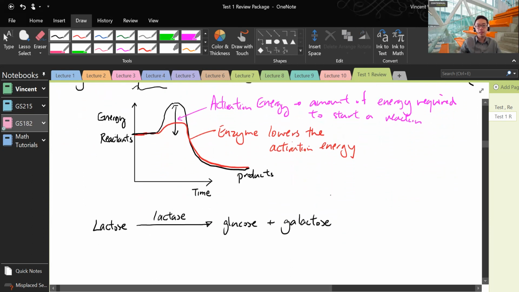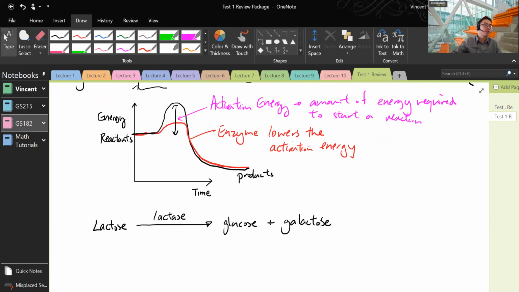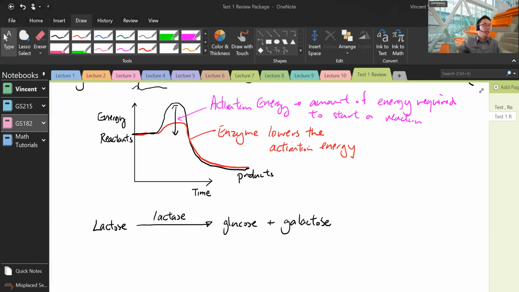Okay. Remember, right? Like people who don't have lactase, for example, they will not be able to break down lactose, and as such, they will become lactose intolerant. All right, moving on.